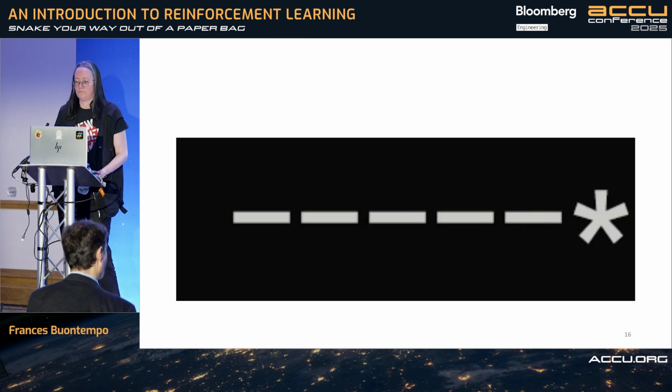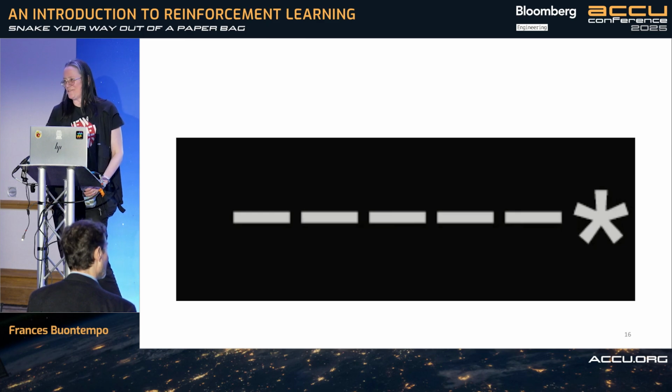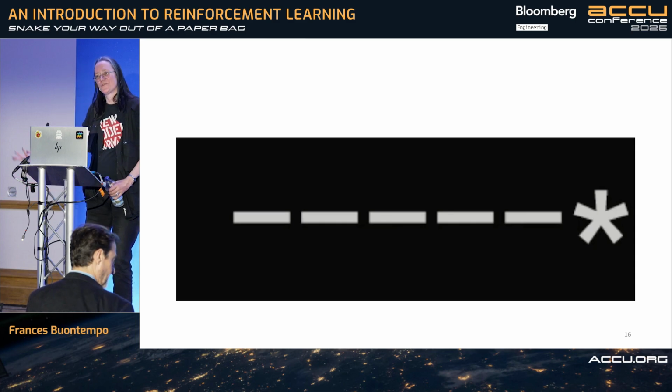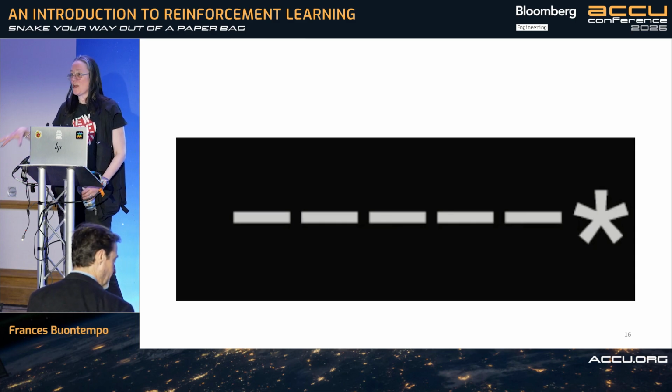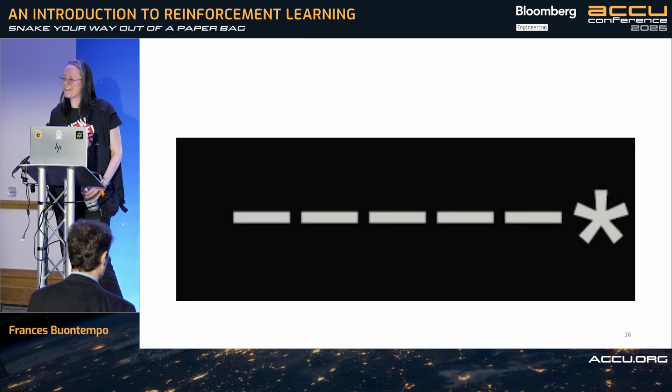So it went right. But I told it to go right. So I've had to encode what I already know about this. And the whole point of some of these machine learning and AI things is we want our machine to learn something. So I felt like cheating.